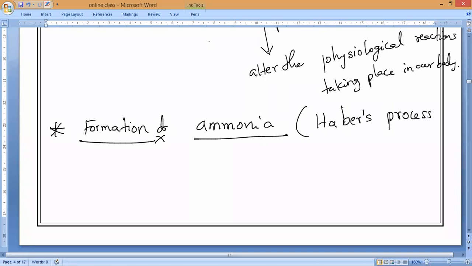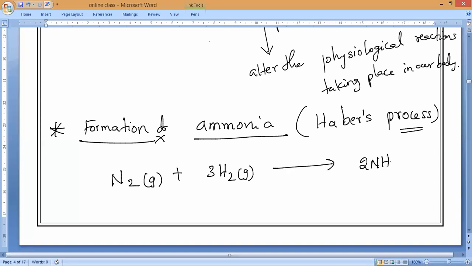Equation, tell me anybody? Nitrogen N2 in gaseous state plus hydrogen gaseous state will react to form ammonia, NH3, which is also in gaseous state.